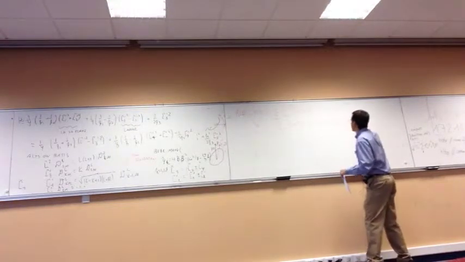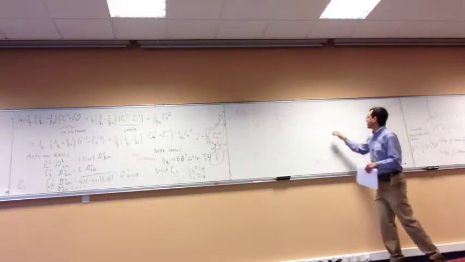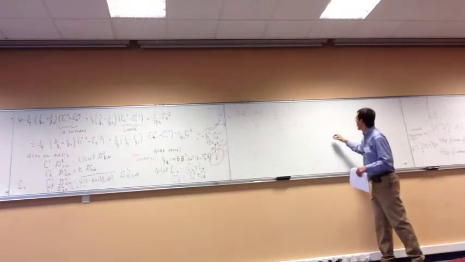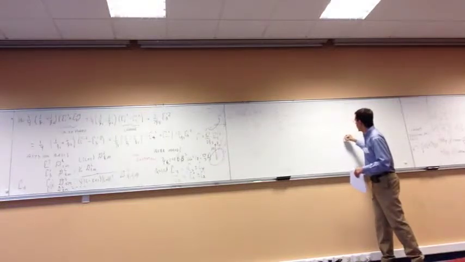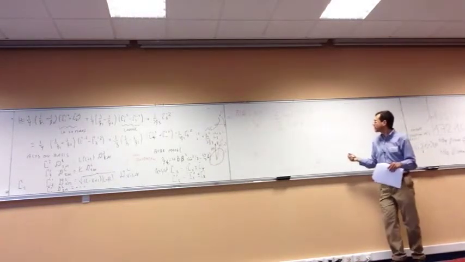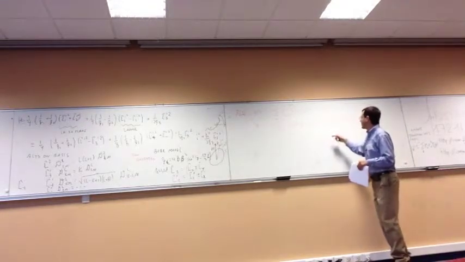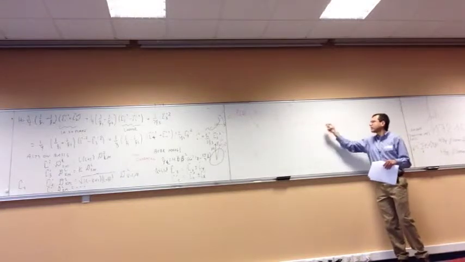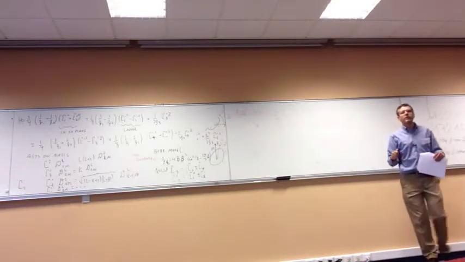These are some numbers, and in the usual convention I believe these are the D functions, D, L, M prime, M of omega. So the argument is the Euler angles of rotation, and then these indices are the angular momentum involved, and then the projection quantum numbers.